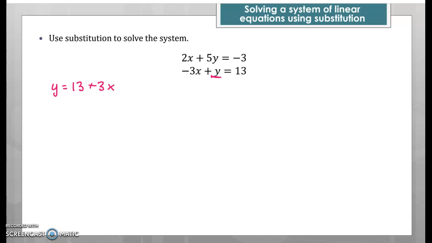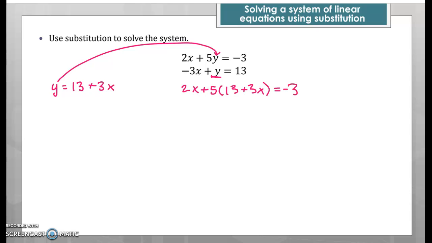Right? Now what I can do once I isolate this variable is plug y into this other equation. So that would look like 2x plus 5 times y, but I know y is 13 plus 3x, and that's equal to -3.